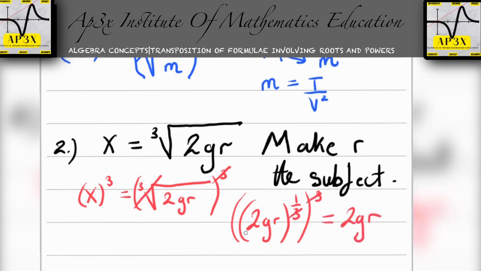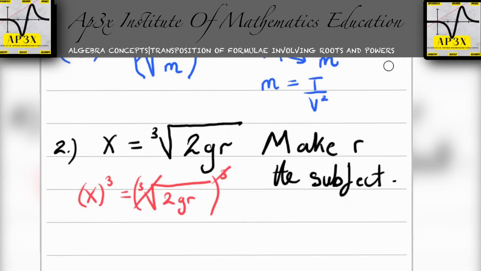We've already discussed this in the earlier part of this video, so hopefully you understand why we cancel the cube root with the cube. Okay, so once that is done, we end up having x cubed, and that's going to be equal to what is under the root, so that's 2gr. Keeping our eyes on the target here.